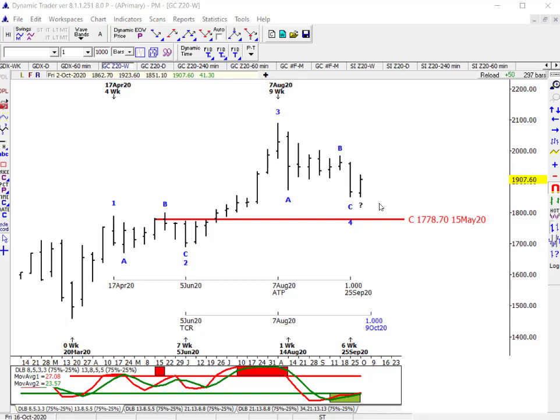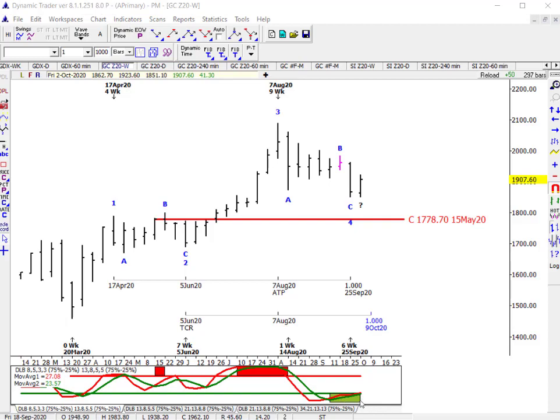So again, let's look at a couple of pieces of data here. Then we'll look at daily data for specific conditions for a trade setup. So again, weekly data. Key here is that the weekly momentum actually made a bull reversal back here about 3 weeks ago, but because of the price and time and pattern position and daily momentum cycles with price cycles, we identified that a weekly low is probably not complete.